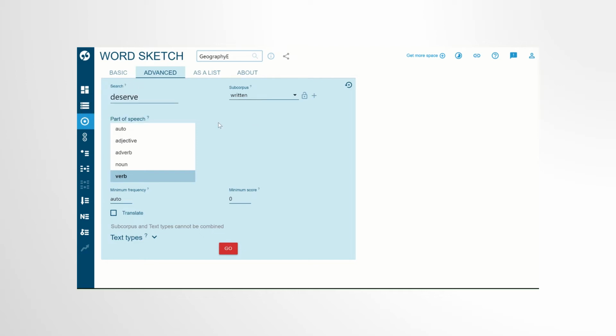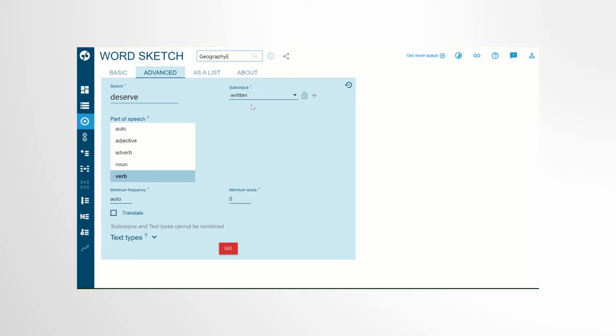How do we go about this? This requires a little thought. What we might do, for instance, is use the verb deserve, which often occurs in the phrase we've been looking at, and search for other nominal objects that occur with deserve.